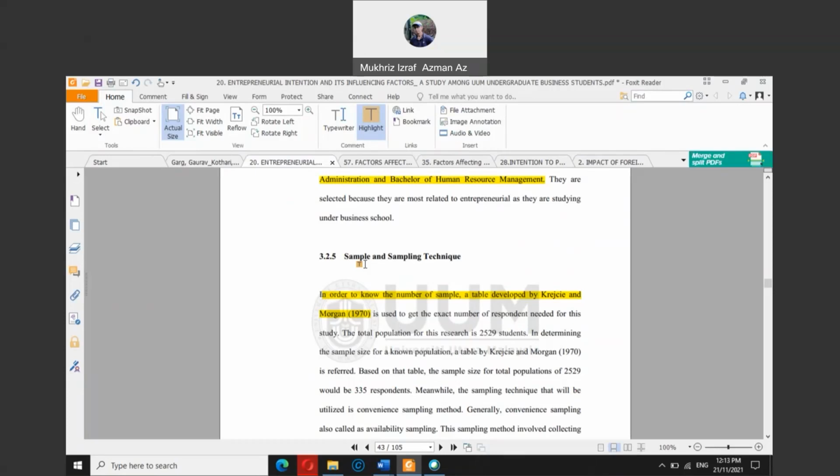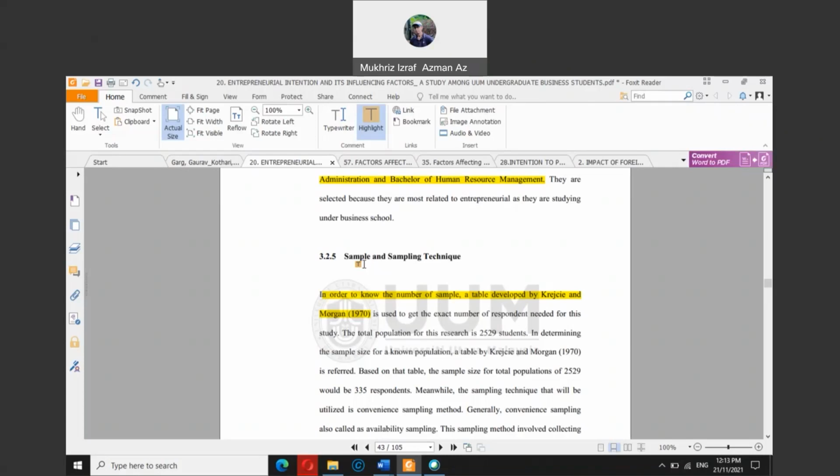Because as what you learned in basic statistics before, a good sample is supposed to represent the population. If your sample is too small, then the information that you obtain from the analysis is not representative of the population characteristics. If you make a conclusion from the sample, the analysis is not valid if the sample size is too small.